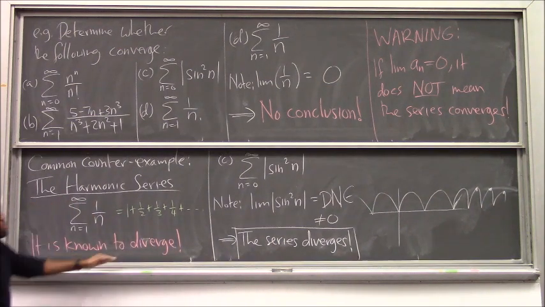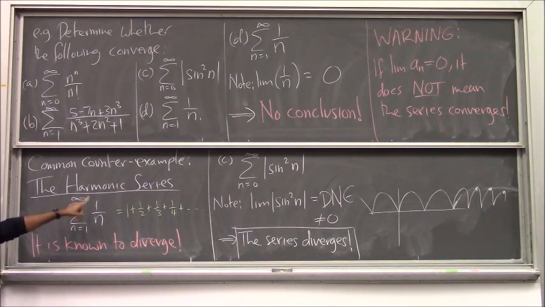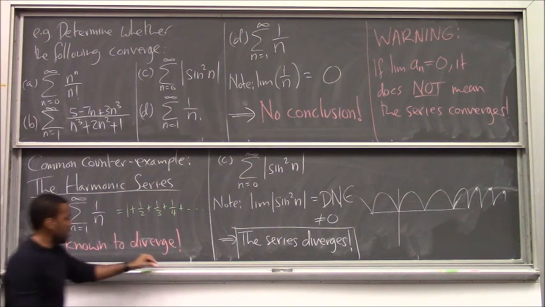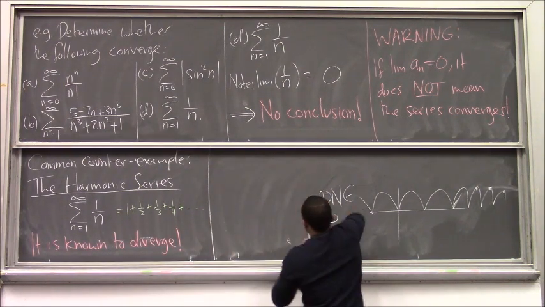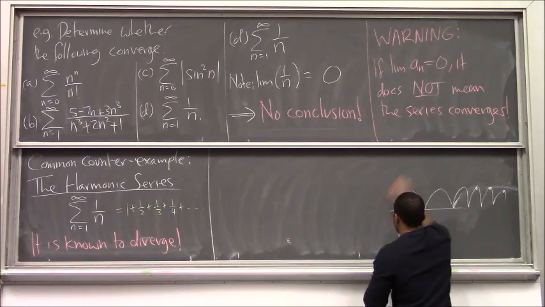This is an example of a series whose limit of the sequence goes to 0, but the series does not converge. We know that this diverges, and I'll show you one way to prove that, but for now, just know that that's a very important example.